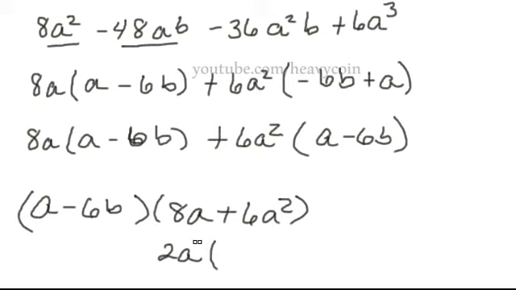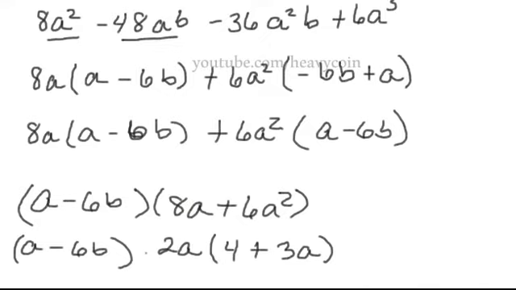And I'm going to rewrite. So 2 goes into 8 4 times. And of course a goes into a 1 time, but we don't write it. Plus 2 goes into 6 3 times. And we pulled out one of those a's. And of course we don't want to forget this part here.